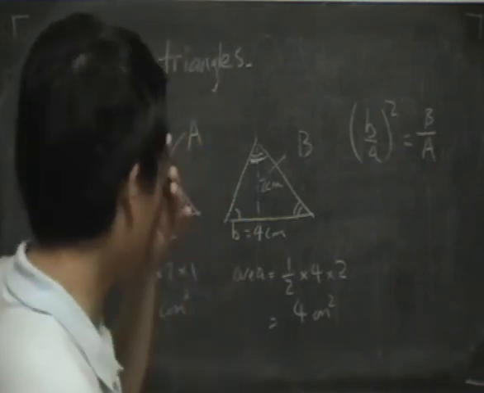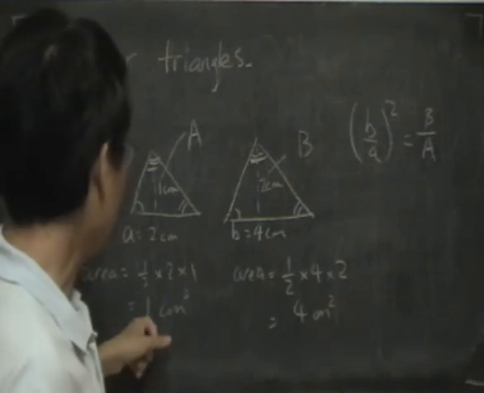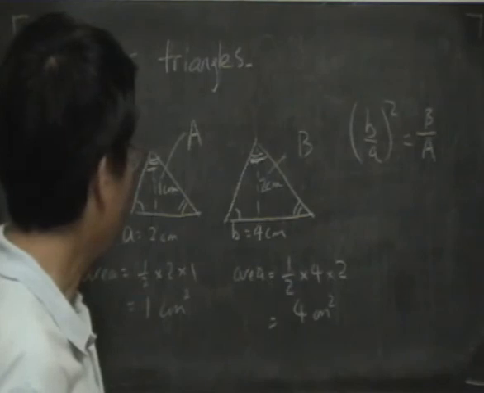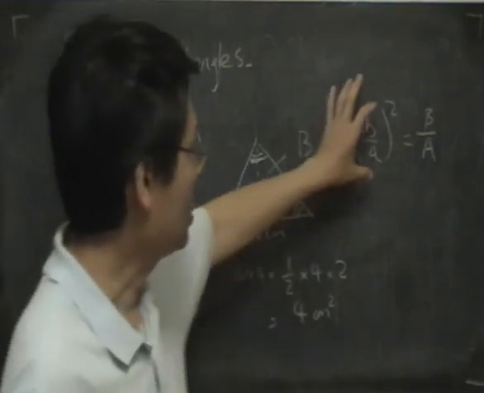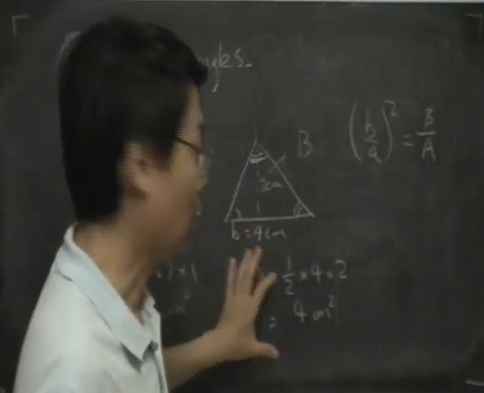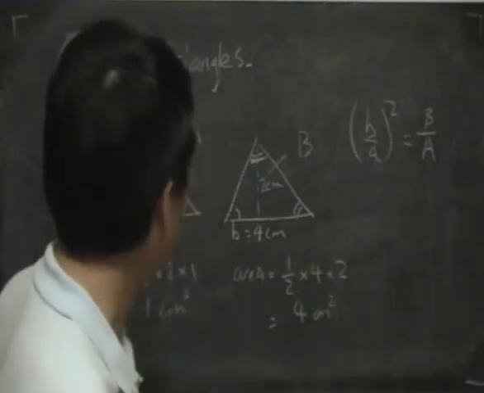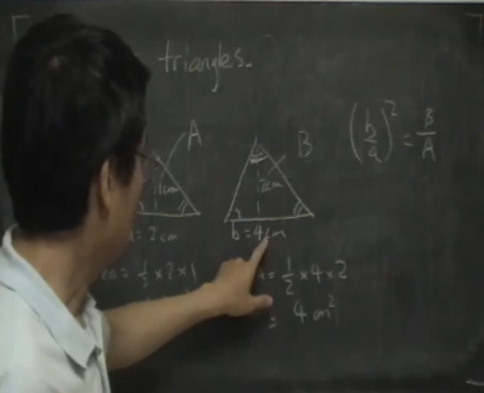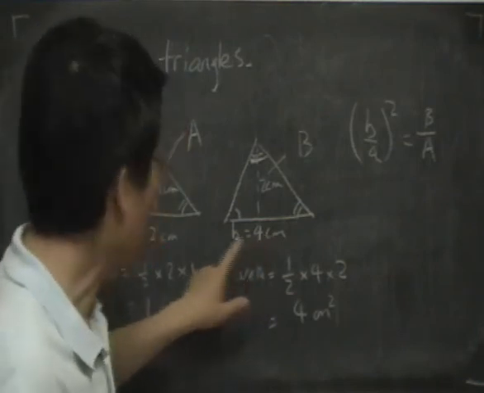So that means that if I know that this area is 1 centimeter squared, I can make use of this to find this area without having to do the calculation. Because I know that this side is 2 times of this side.